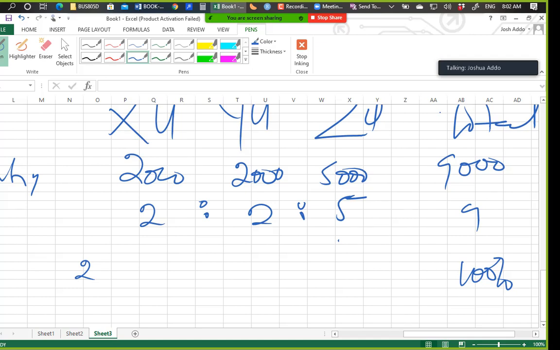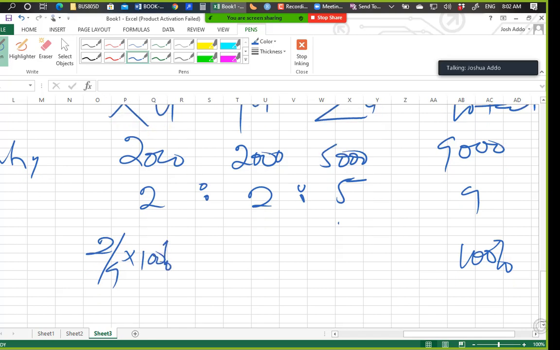In terms of percentage, this will be 2,000 divided by 9,000, or you can use the reduced form. That will be simple. 2 is the same as 2,000 in this case. This 2 is also the same as 2,000, and this 5 is for 5,000, and this 9 for the 9,000. So let's use the simple form. So this will be 2 over 9 times 100%.